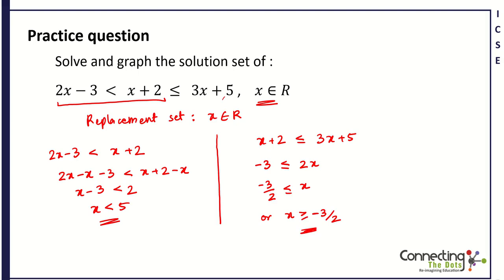So whatever solution set we find must satisfy both of these conditions. What are these two conditions? This is the first one, x has to be less than 5, and this is the second condition, x has to be greater than or equal to negative 3 by 2. So how do we represent this on a graph, on a number line?